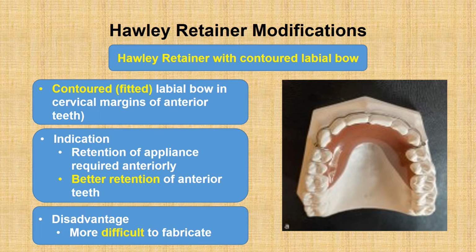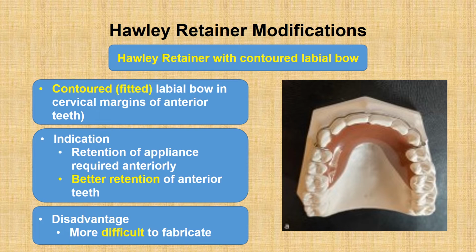Okay, now another modification with the labial bow of a Hawley retainer is to use a contoured labial bow. Now, a contoured labial bow is contoured to the labial surface of the anterior teeth. Now, this contouring of the labial bow can increase the retention of the appliance in the anterior segment.